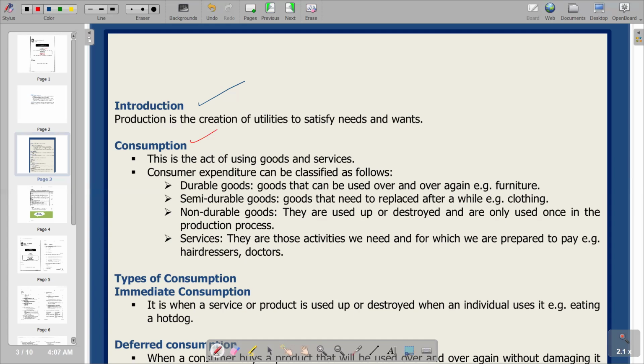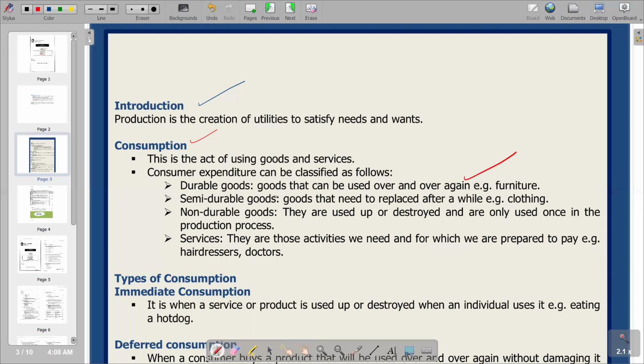According to our information in our answer section, it reads: these are goods that can be used over and over again, e.g., furniture. So that's what we have in terms of durable goods. These are goods that are going to be used for a longer period of time. And then we have semi-durable goods.